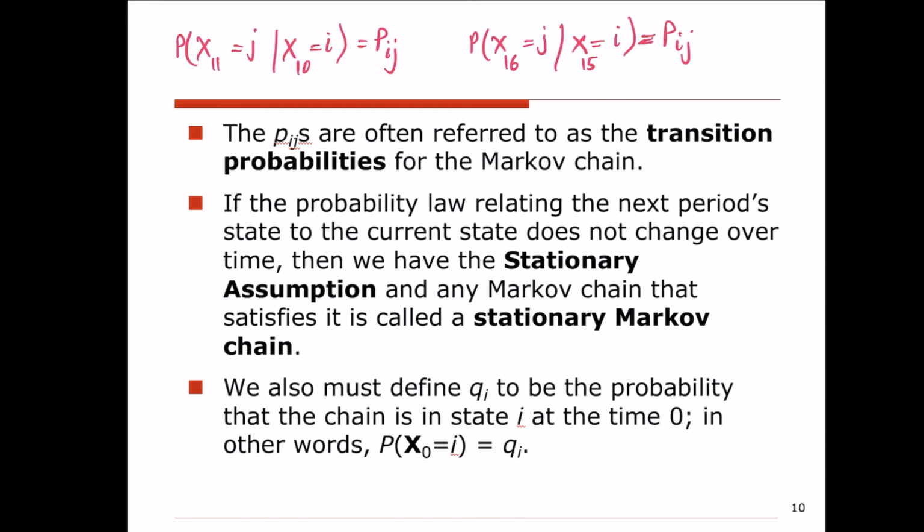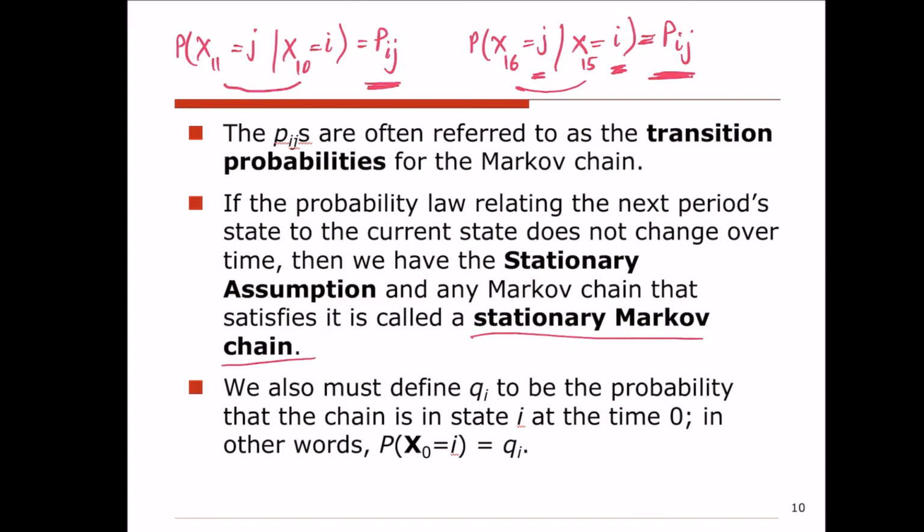If that is the case in a stochastic system, which means that the probability of transition from any state i to any state j does not depend on the time that this transition happens, it can be any time and the probability is not changing over time, what we have is a stationary Markov chain, meaning that the transition probabilities are not changing over time.